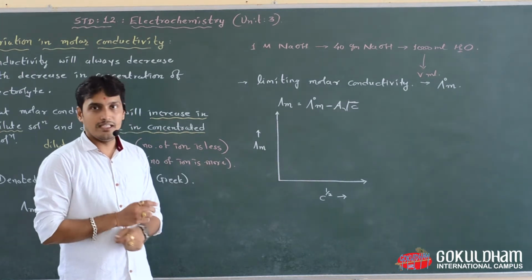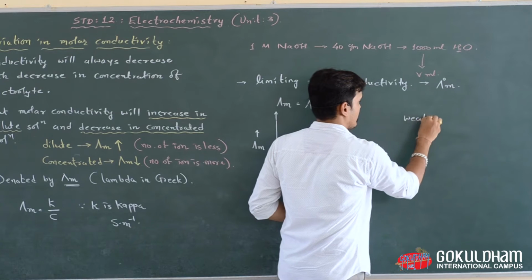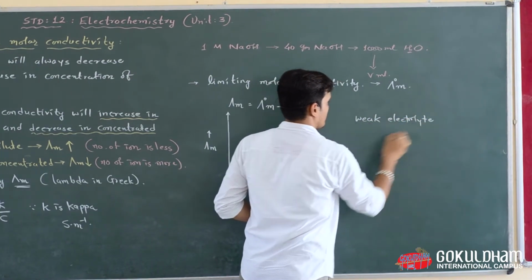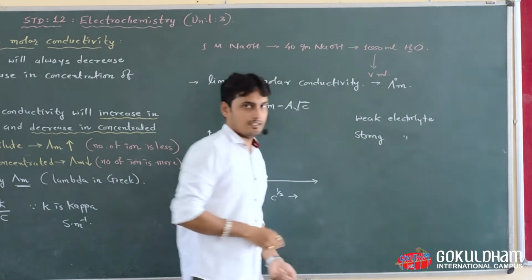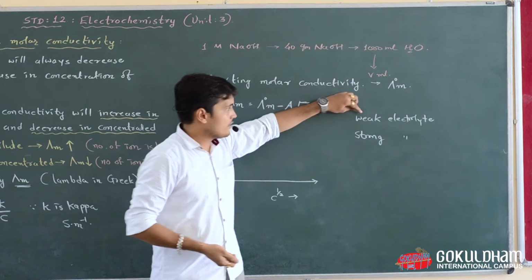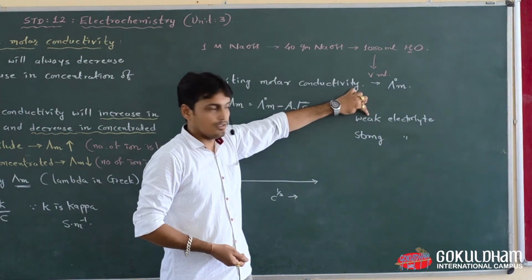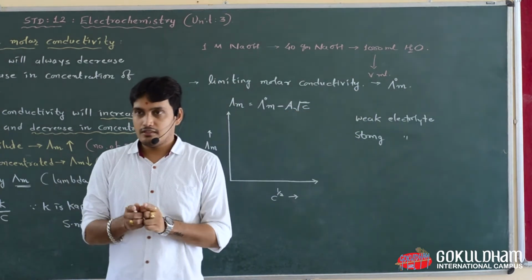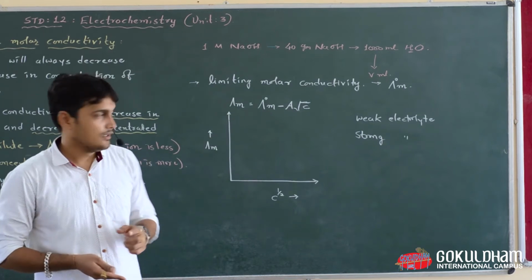This graph consists of two electrolytes. The first electrolyte is known as weak electrolyte and the other electrolyte is strong electrolyte. So first of all, what do you mean by weak electrolyte? Weak electrolyte means after passing the electricity, this solute did not dissociate into positive and negative ions completely.